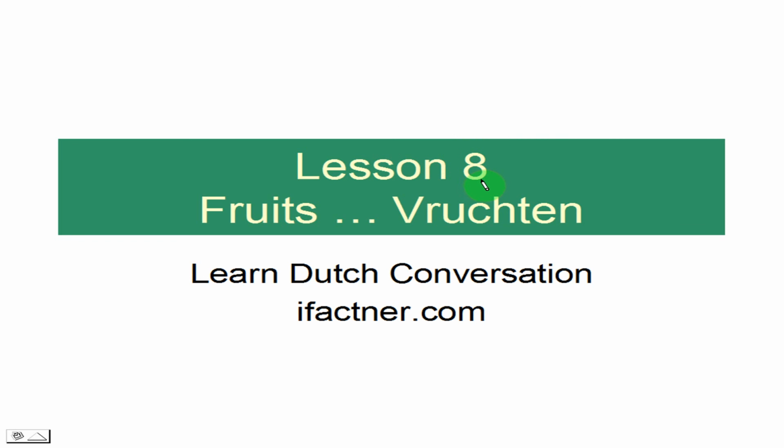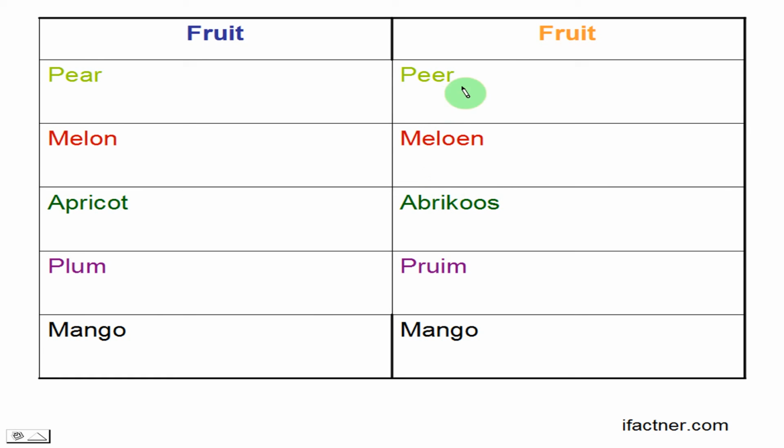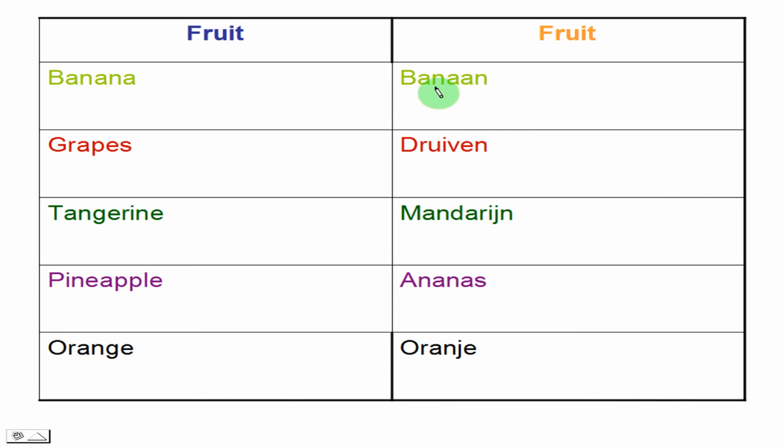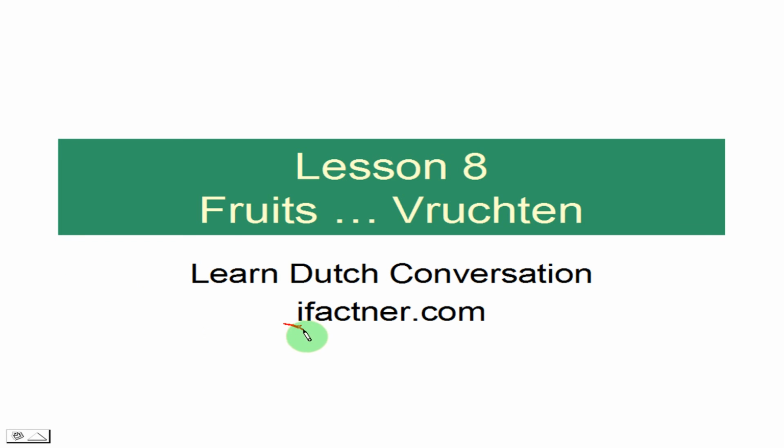Les 8. Vruchten. Fruit. Peer. Meloen. Abrikoos. Pruim. Mango. Banaan. Druiven. Mandarijn. Ananas. Oranje.